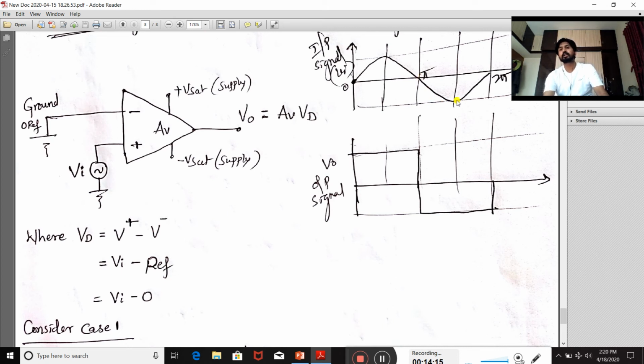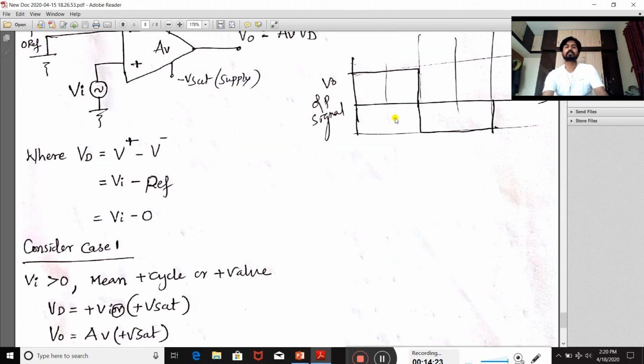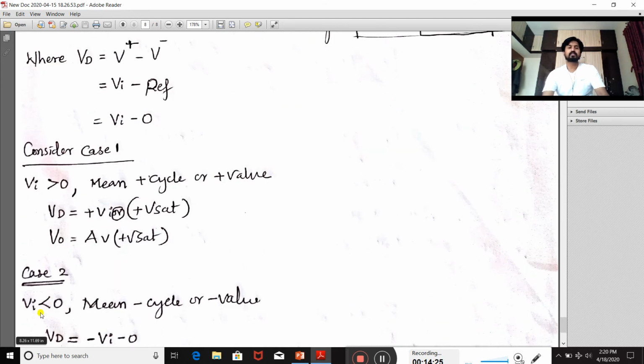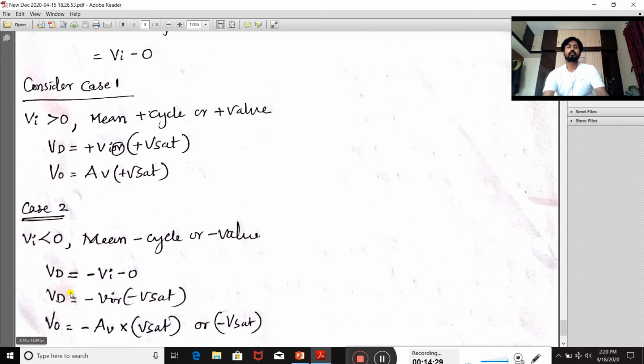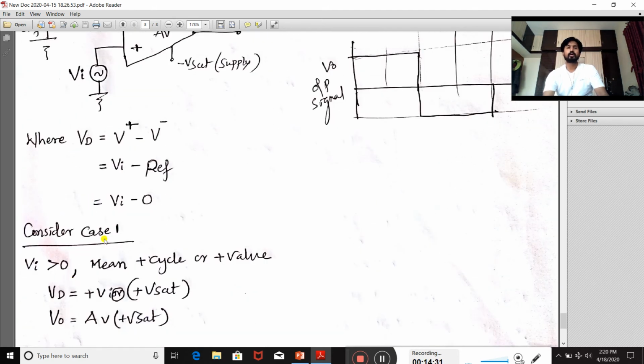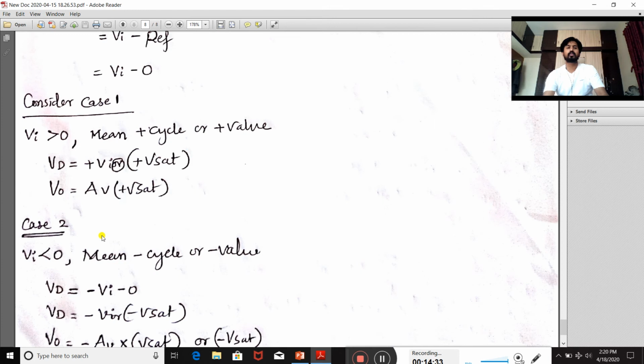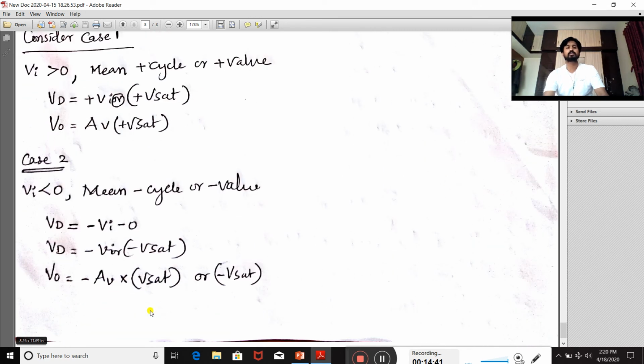Then for the next case, if the source Vi is less than 0, it is moving in the negative direction, a minus value. Vi is less than 0, that means a minus cycle. Vd is equal to minus Vi, and minus reference 0, so it becomes minus Vi only, giving minus Vsat.